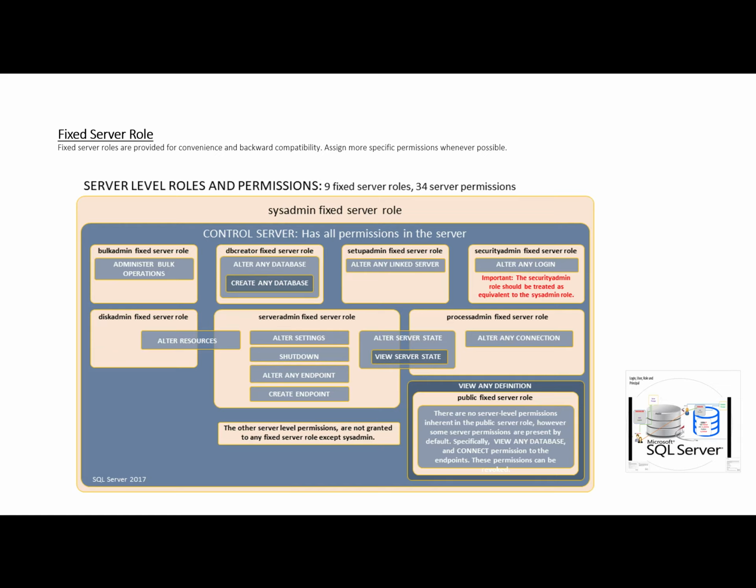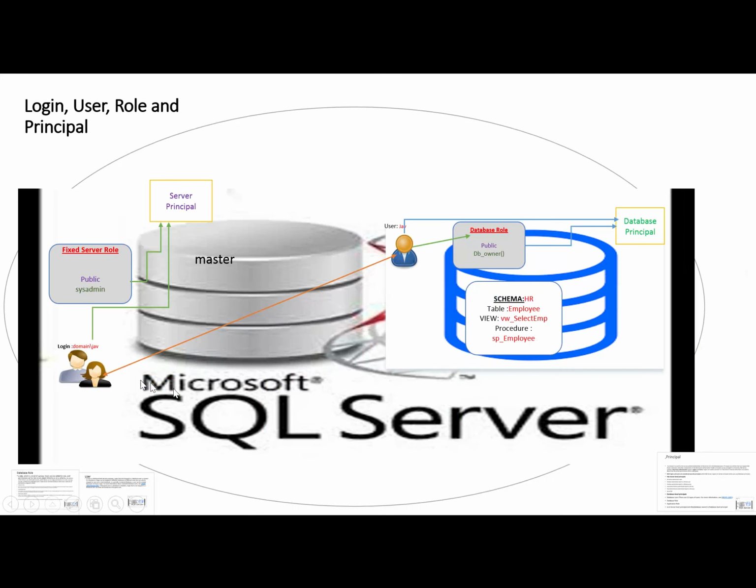Administration is easy. When this login is authenticated, it will be assigned the public and sysadmin roles. So this login has scope at the server level, and it is assigned these server level roles. This login and these server level roles are known as the server principals.